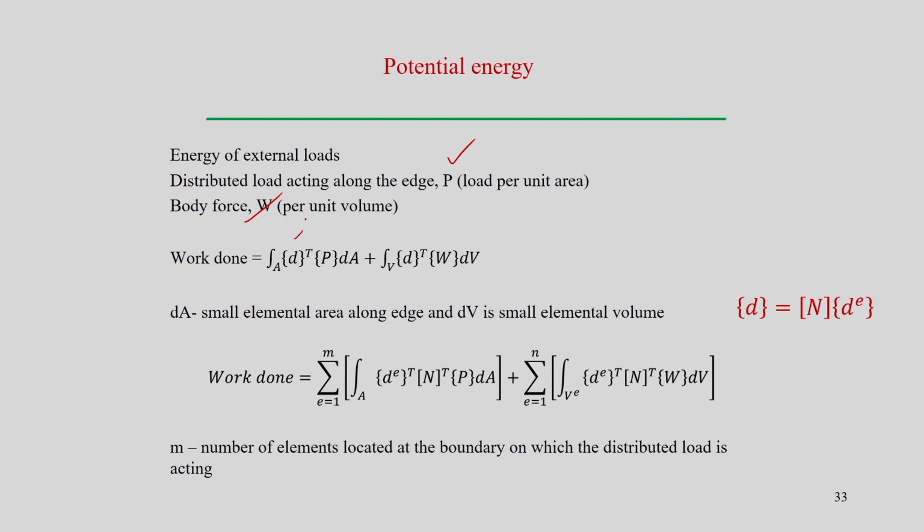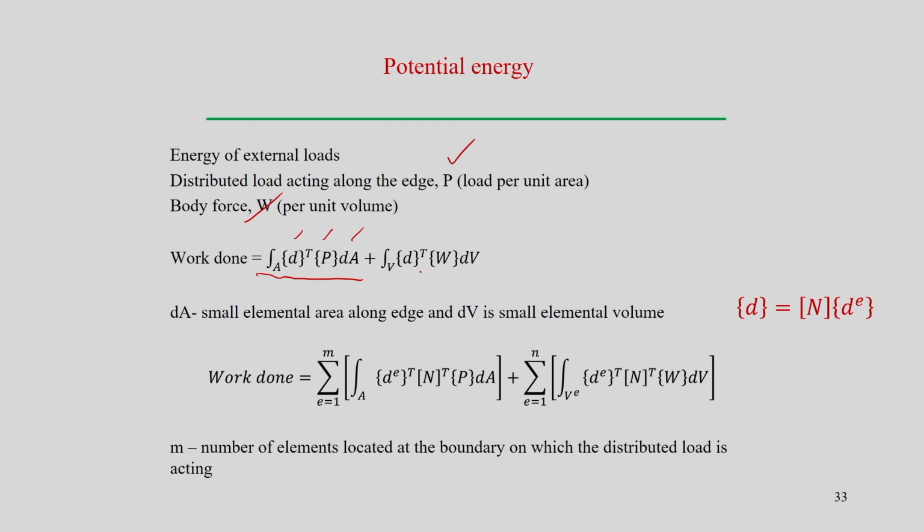See, D, the displacement field transpose, times P, times the elemental area dA. P is the distributed load. So, the integration over the elemental area indicates the load associated with the distributed load. But if there is a body force, that means it is acting per unit volume.